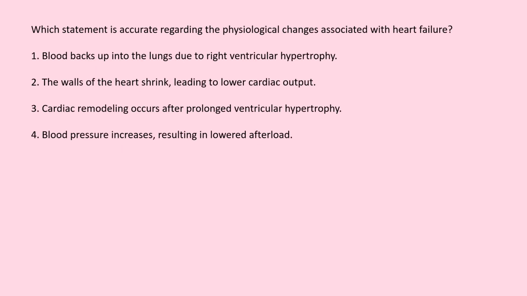Which statement is accurate regarding the physiological changes associated with heart failure? 1. Blood backs up into the lungs due to right ventricular hypertrophy. 2. The walls of the heart shrink, leading to lower cardiac output. 3. Cardiac remodeling occurs after prolonged ventricular hypertrophy. 4. Blood pressure increases, resulting in lowered afterload.